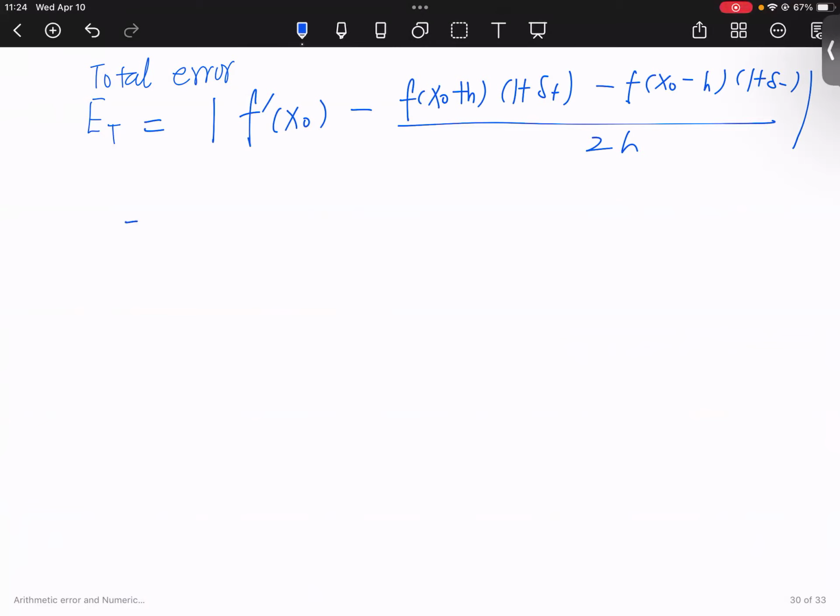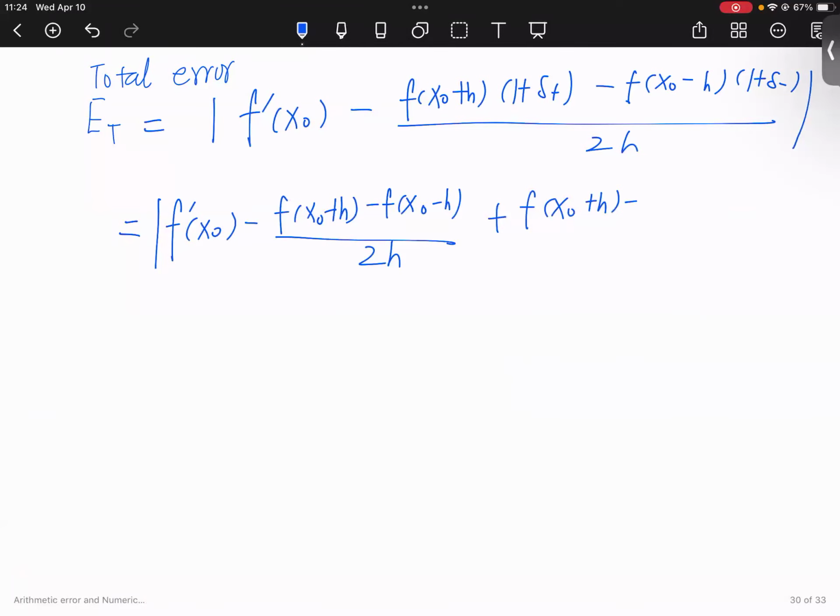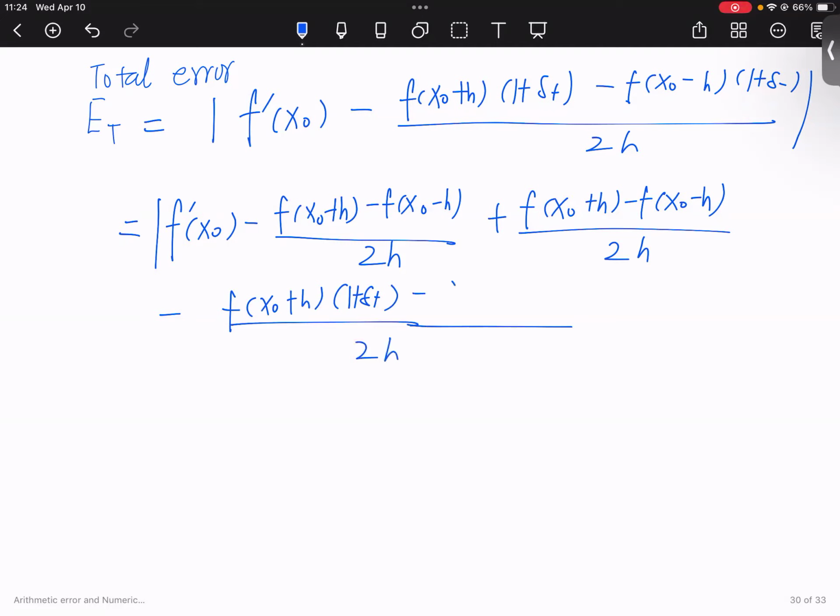So here I'm going to subtract the original formula, that is the true value of the finite difference, and then I will add this back to the expression here. If I add something and then subtract the same thing, I'm not changing the value of the expression, right? And so the next, I'm going to take the absolute value and then do the inequality here.